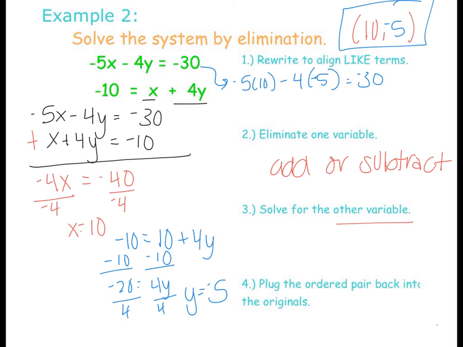Negative 5 times 10 is negative 50, minus 4 times negative 5 is negative 20. I notice here that I ended up with two negatives in a row, a minus and a negative, so I'm going to go ahead and make that plus positive. Negative 50 plus positive 20 is negative 30, and negative 30 does equal negative 30. So my solution works. 10, negative 5 is correct.